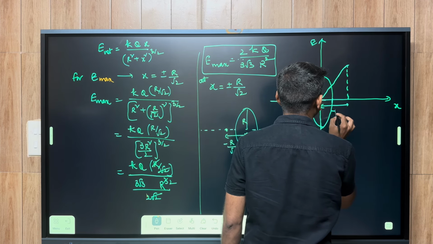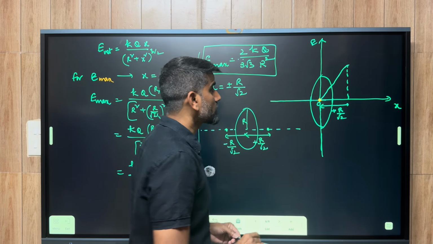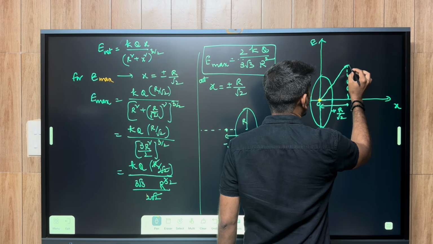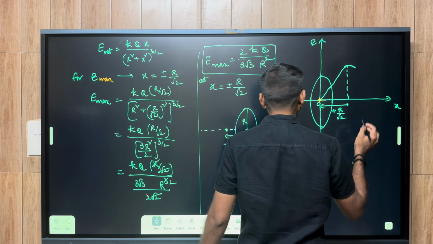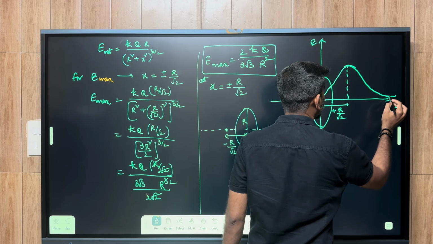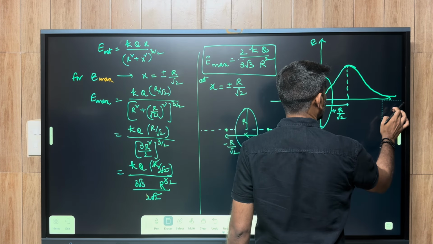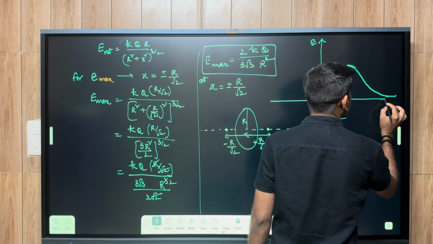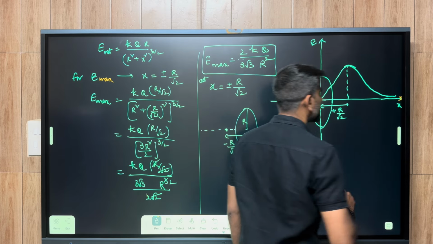That distance is nothing but plus r by root 2. And after that what happens? The electric field again decreases, and it becomes 0 at infinity.